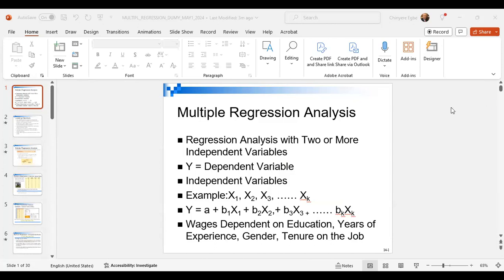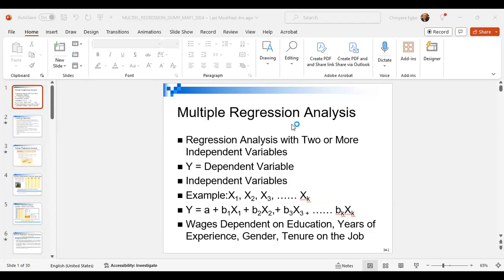Last time, when I was on Zoom from a distance, we talked about linear regression in general, and then we used simple linear regression to illustrate. A regression model is a model that shows the relationship between two variables.